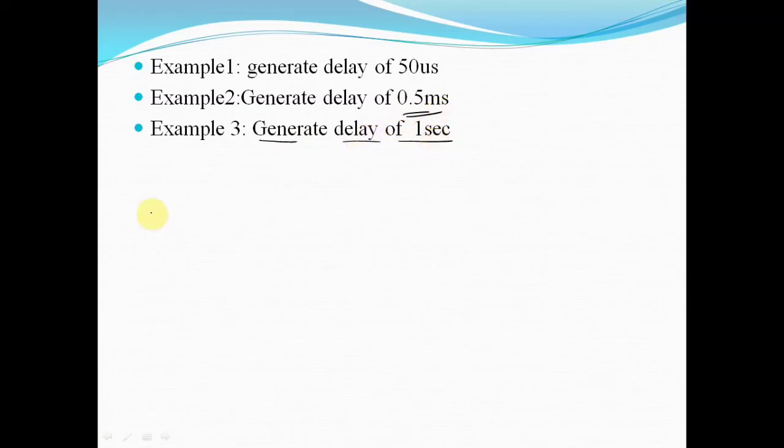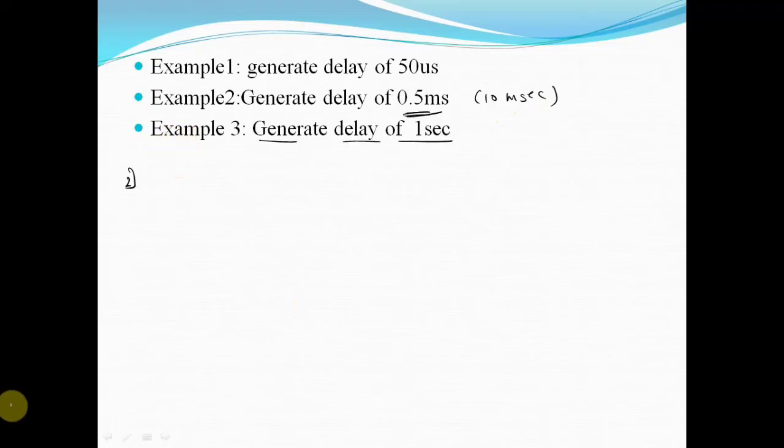If you want to generate a delay of say 0.5 milliseconds, but 0.5 milliseconds is 500 microseconds, so again that will do your job with a single loop. So I will consider a different example. Suppose I want to generate a delay of 10 milliseconds.